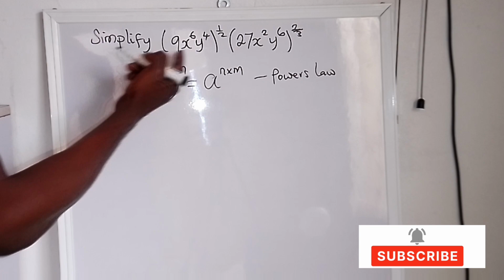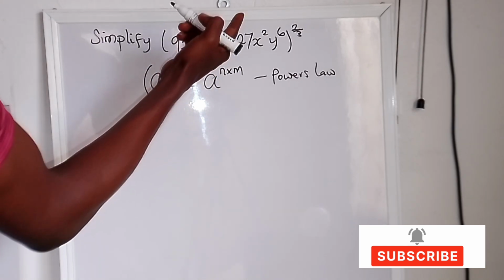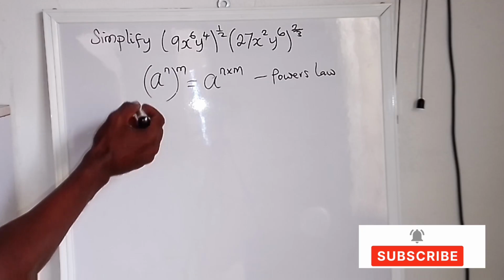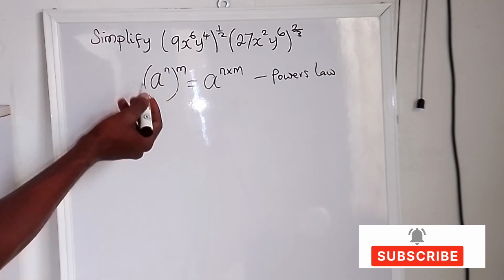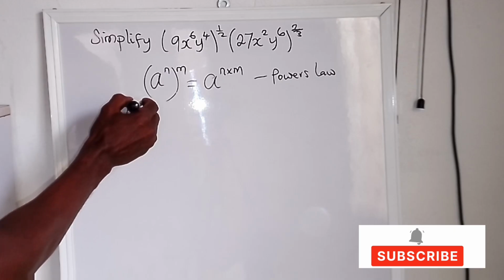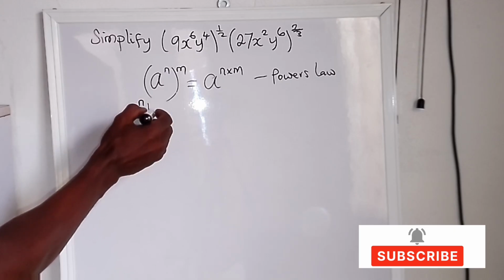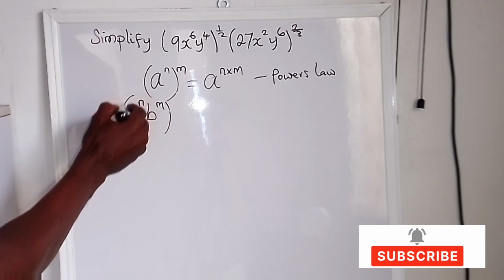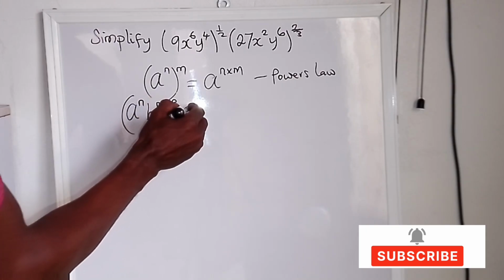The next thing we should use to solve this equation is the product power law. Assuming we have the base a raised to the power n and b raised to the power m, then all raised to the power of p.